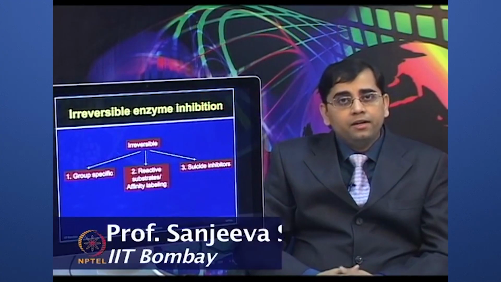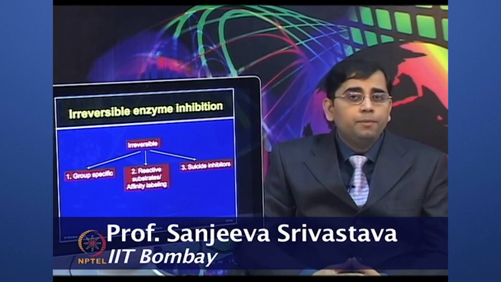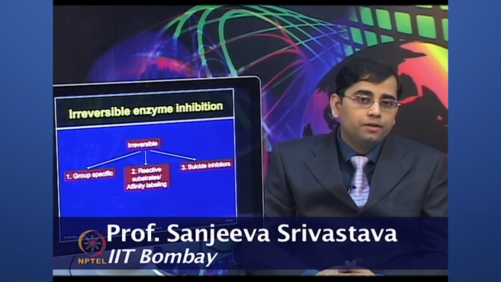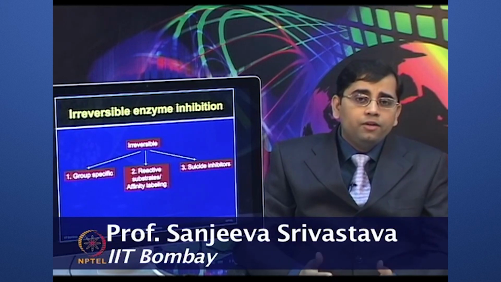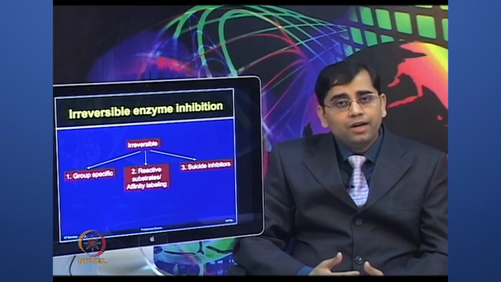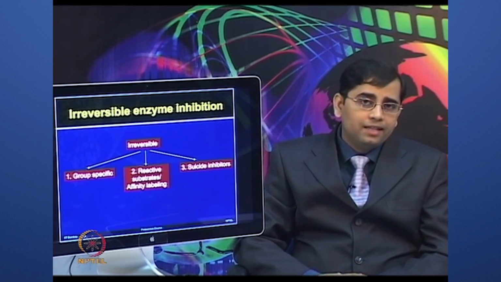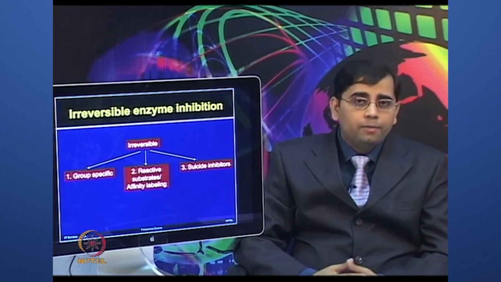Let us take the very classical example, penicillin, the first antibiotic which was discovered. It was irreversibly inactivating a key enzyme, transpeptidase, in bacterial cell wall synthesis and killed the bacteria.